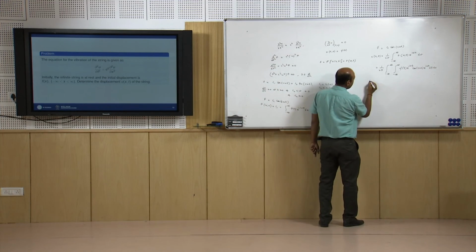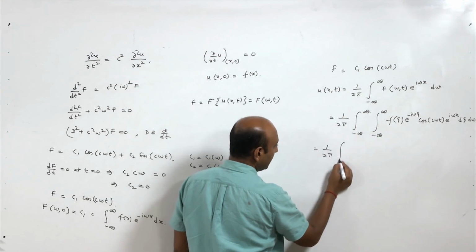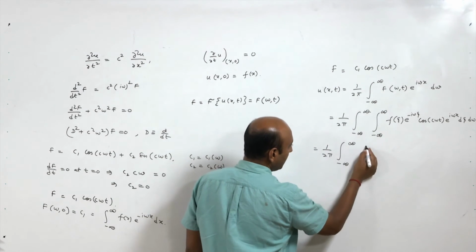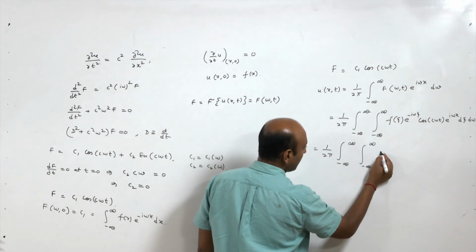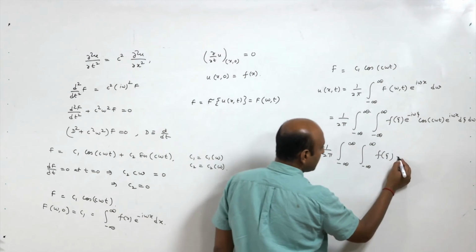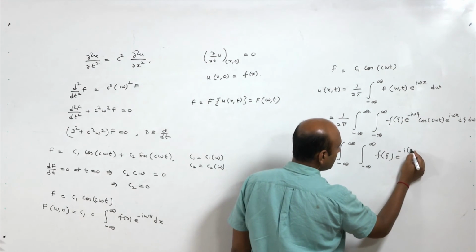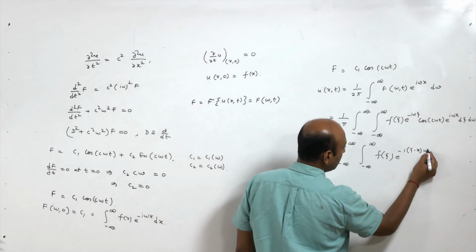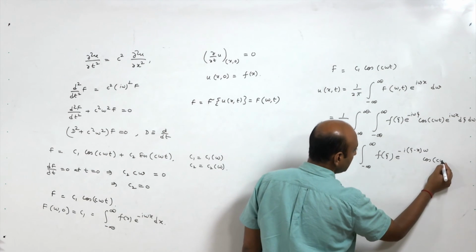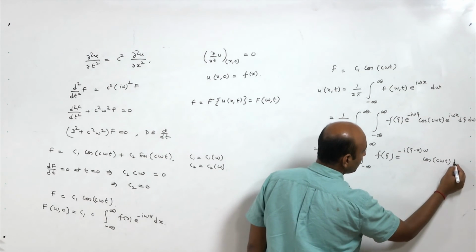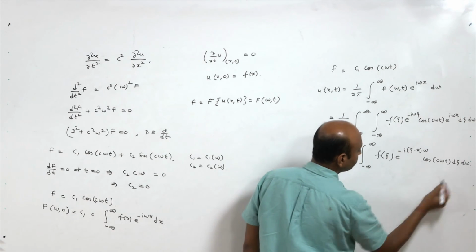Now, when you further simplify it, it is 1/(2π) times the double integral of f(ξ) e^(-iω(ξ - x)) cos(c ω t) dξ dω.